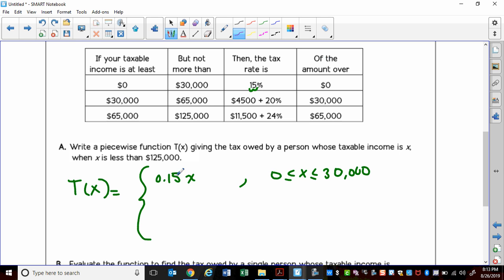Okay, however, if it's in between 30 and not less than, but not more than 65,000. Ooh, I put an extra little equal sign.